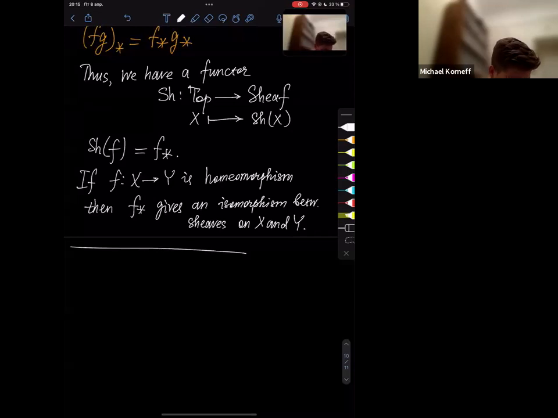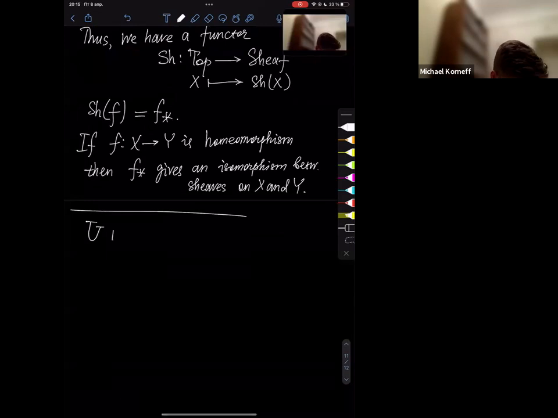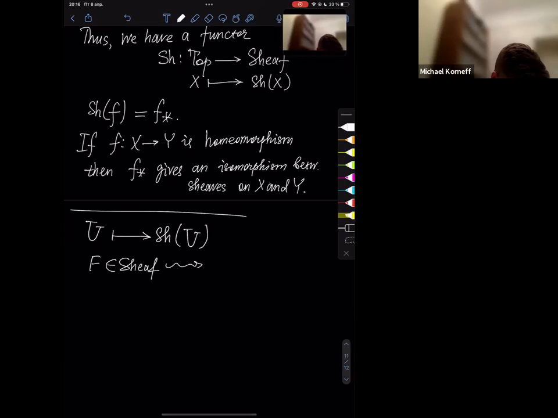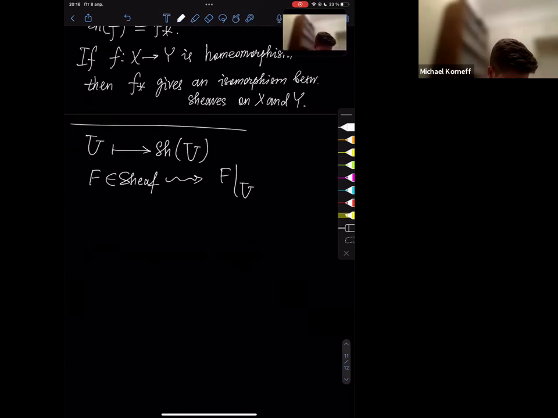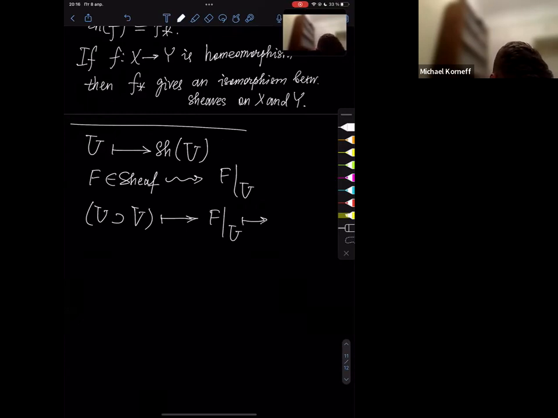And now we can consider the map U to sheaves on U, which for a sheaf F gives a sheaf F restricted to U on U, and also the inclusion V into U sends to the following map.